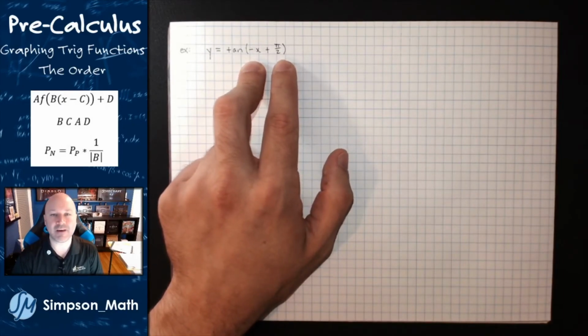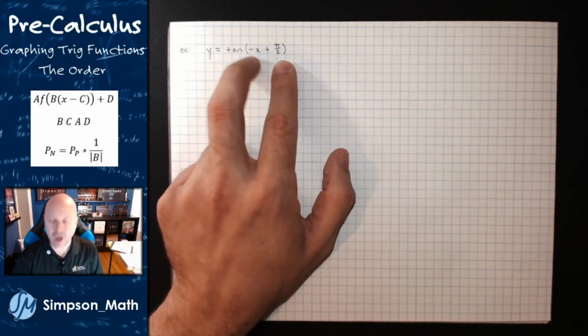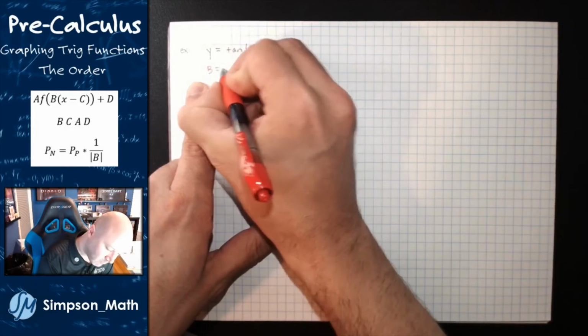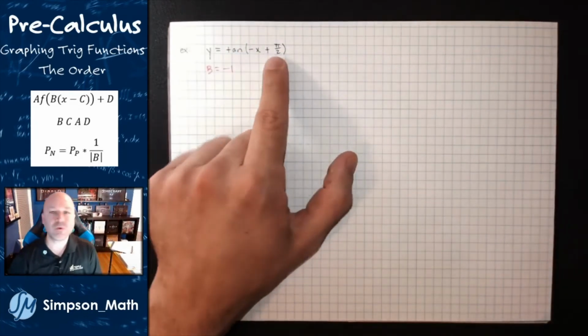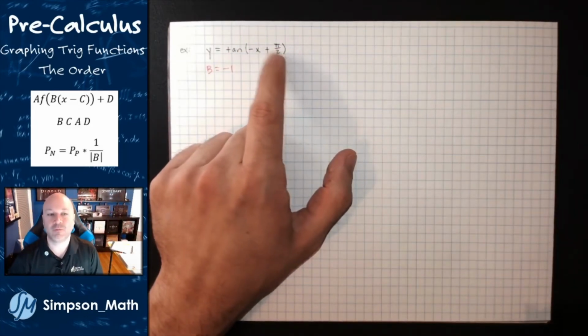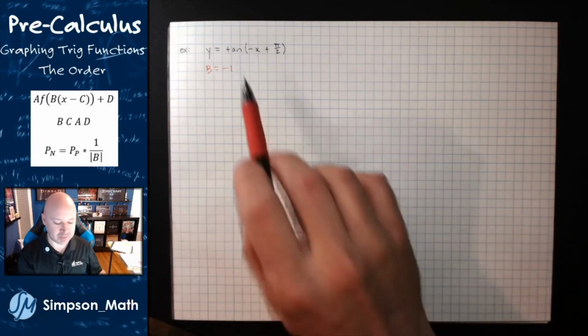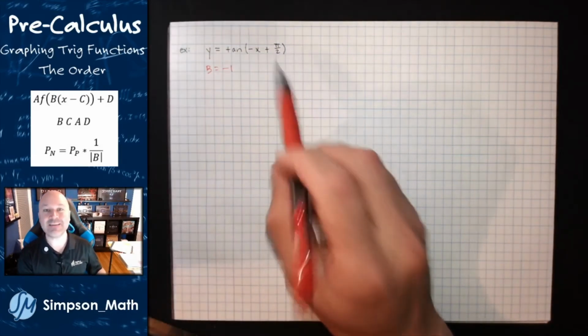What's my b value? I agree. My b value is -1. What's my c value? I say that was a trick question. That negative is only being applied to the x, not that c value.